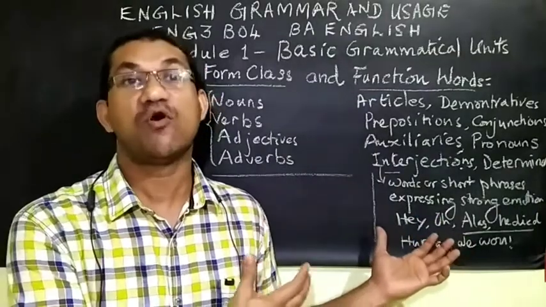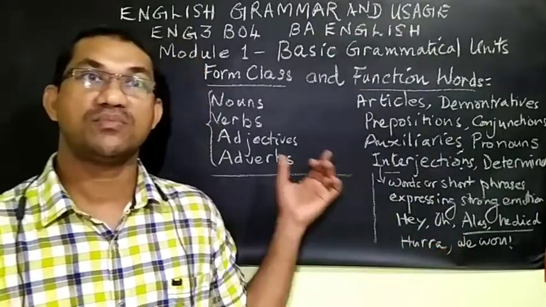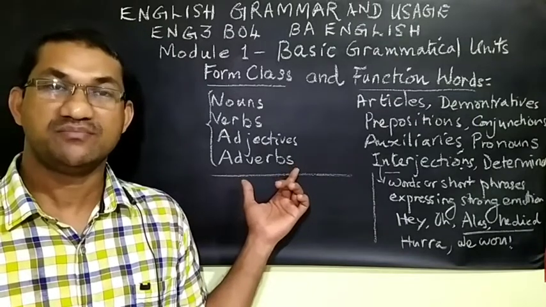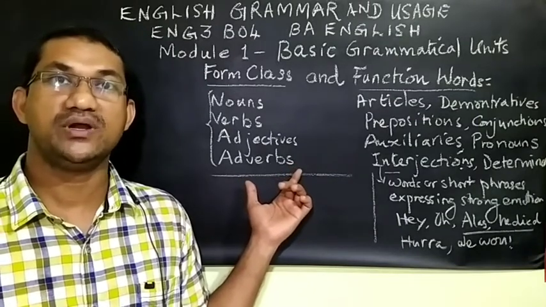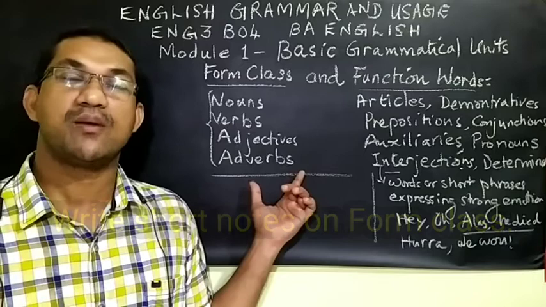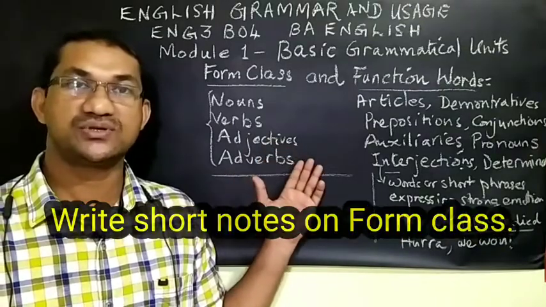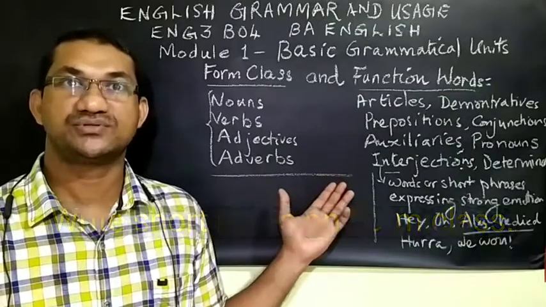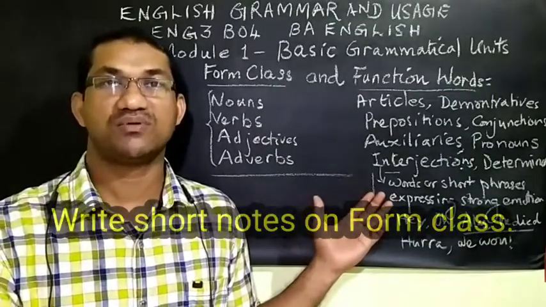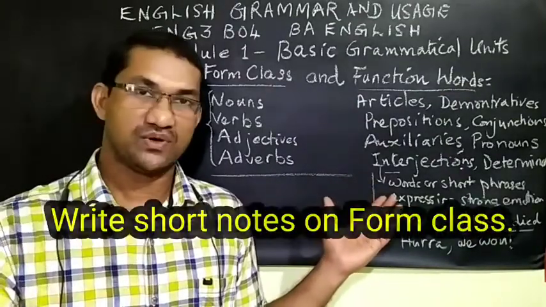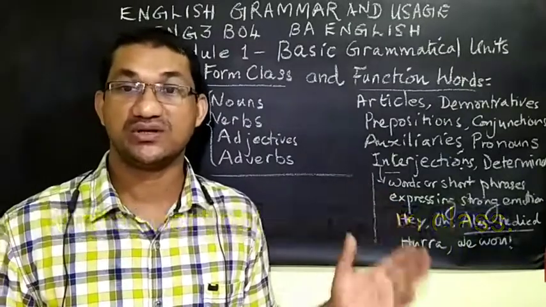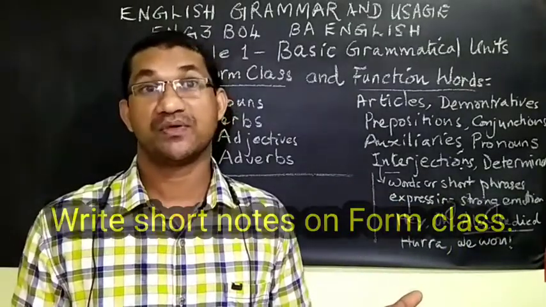We studied form class, and we know that form classes are terms that refer to a peculiar type of vocabulary items. They are nouns, verbs, adjectives and adverbs. And we know the 5 characteristics of form class. With that we have the answer to the question: short notes on form class.